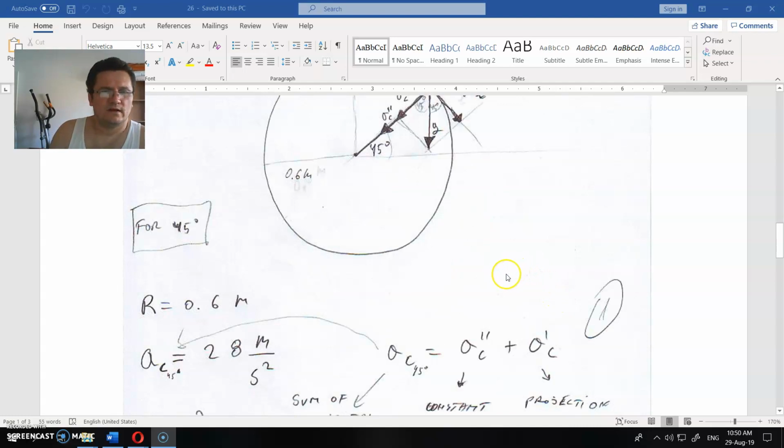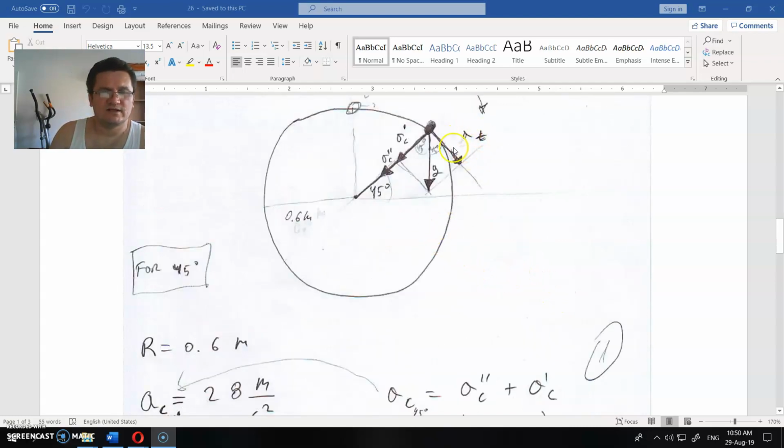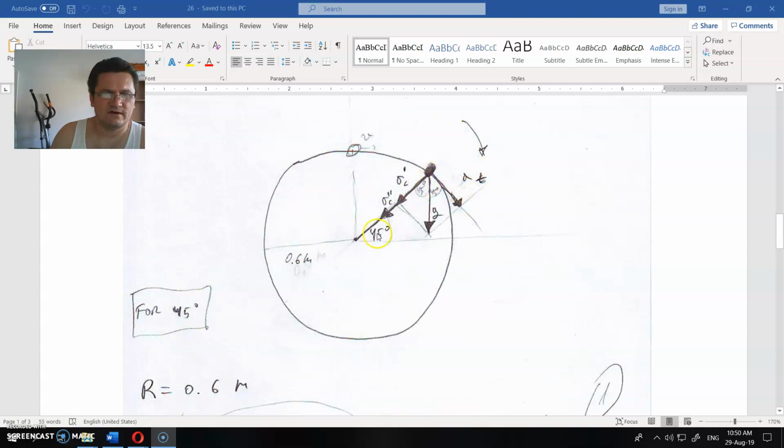So let us see how much is tangential acceleration. This is under a 45 degrees angle. That is not very difficult because the only tangential acceleration in this kind of motion is actually the projection of the gravitational acceleration on a tangent. And because that is an angle of 45 degrees, it is exactly the same as the projection of the gravitational acceleration on the normal.